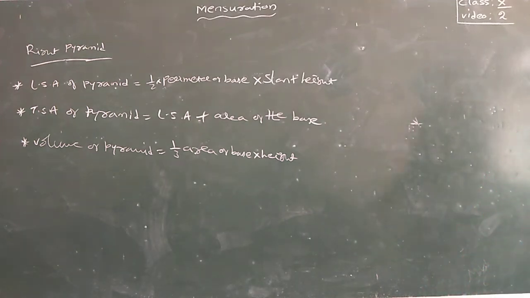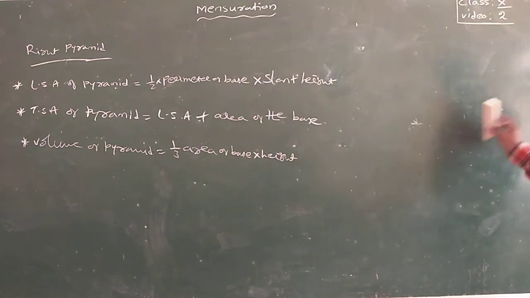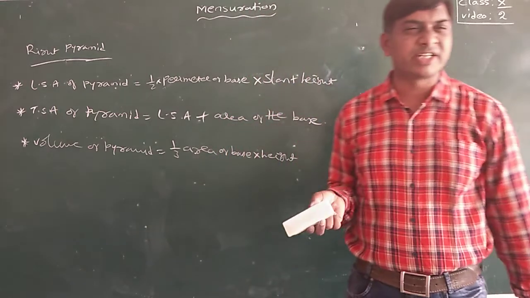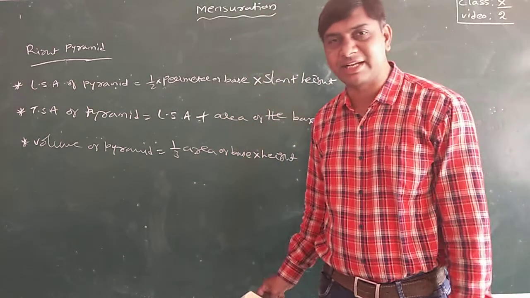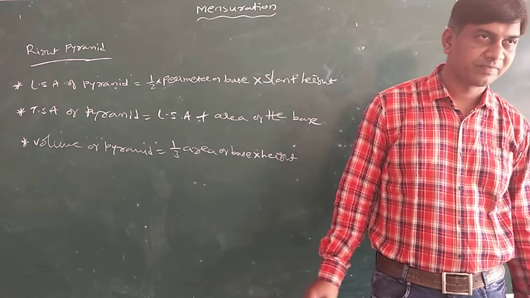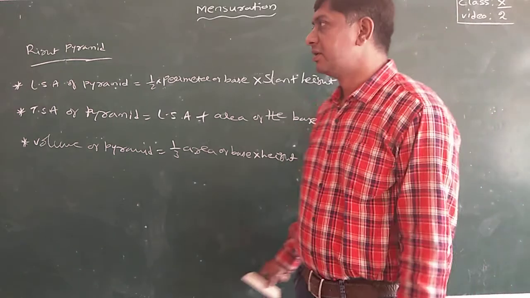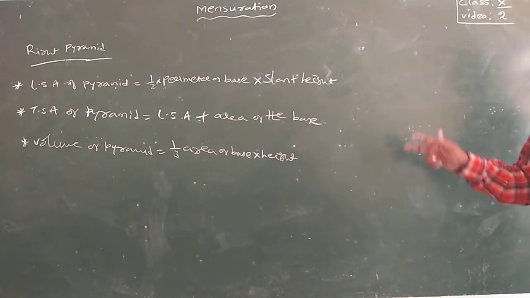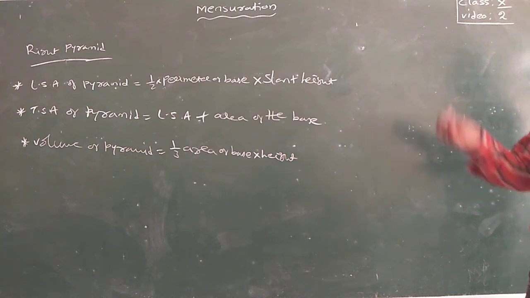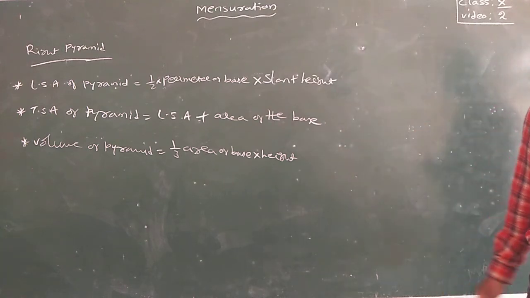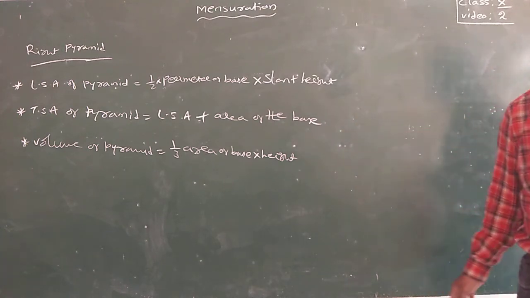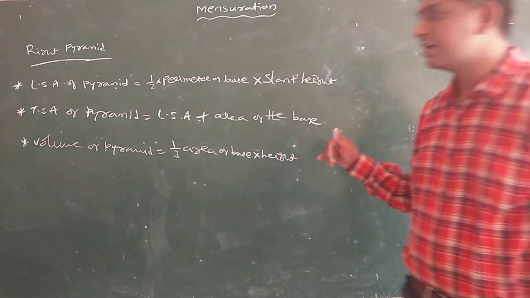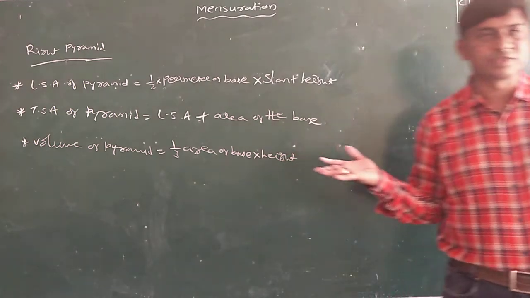Formulas are very important in mensuration. They may ask a formula abbreviation as a 1 mark question. If you don't remember the formulas, learning the topic is a waste, because the total chapter depends on the formulas. If you are perfect in formulas, you can do the problems easily.